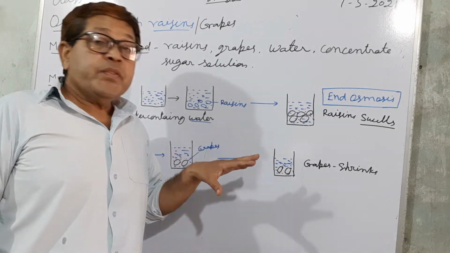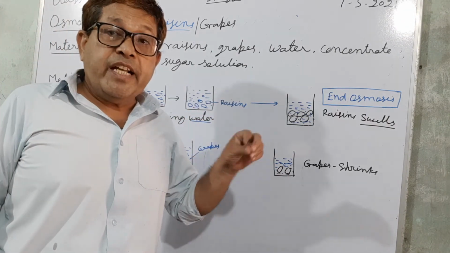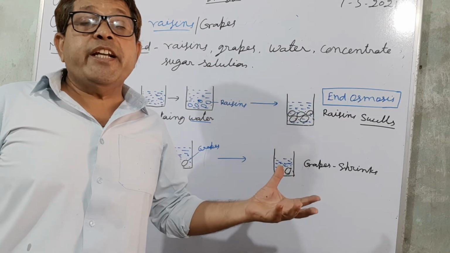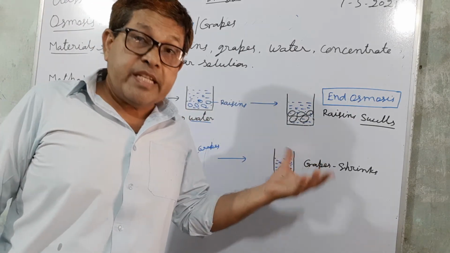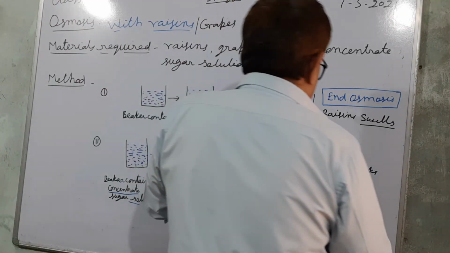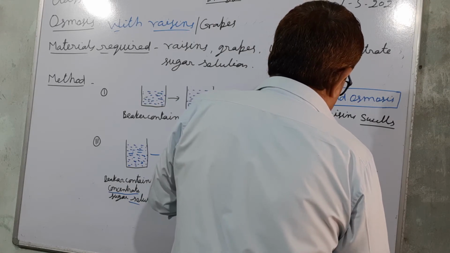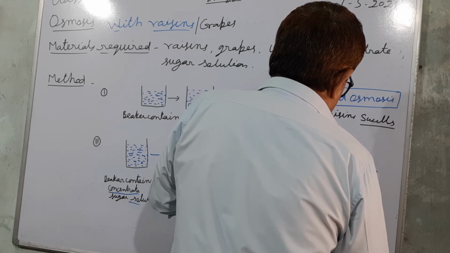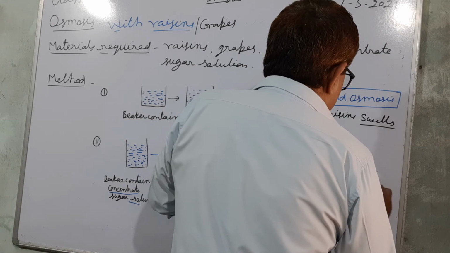That is why water molecules from the grapes move to the outside, into the medium, and that is why the grapes shrink. So this process is called exosmosis.